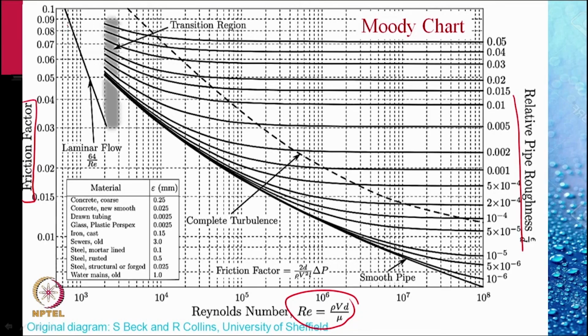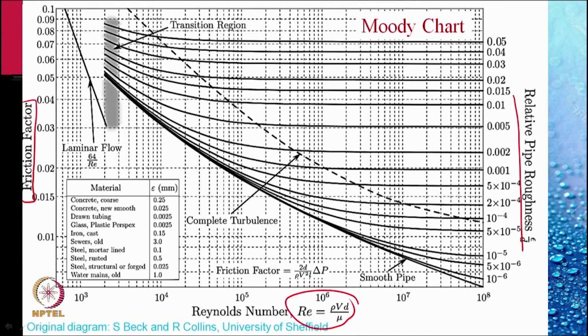This is for laminar flow up to a Reynolds number of about 2000. Then this gray area to something like 3000 is the transition region, and one is not very sure of what the friction factor is in this region.